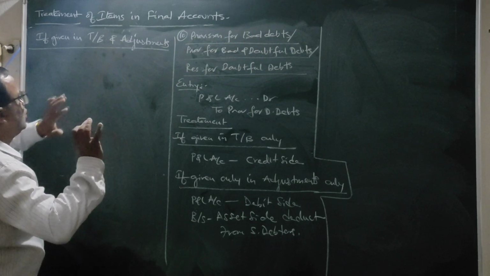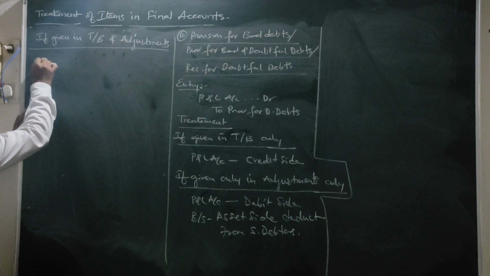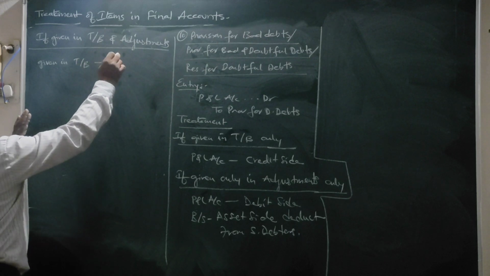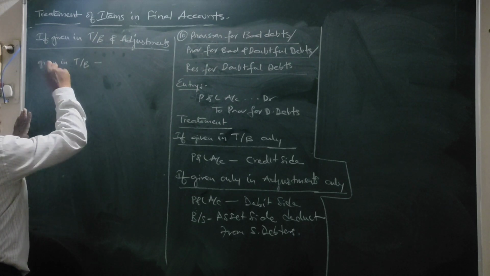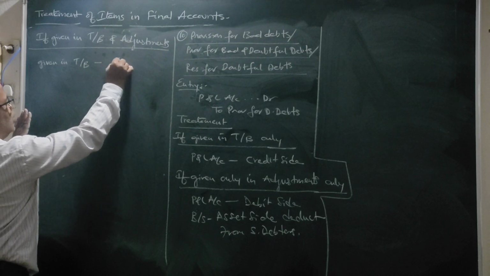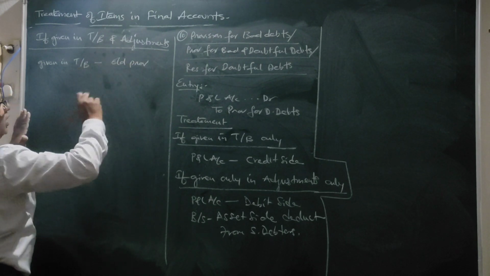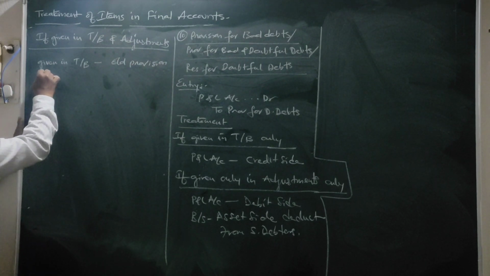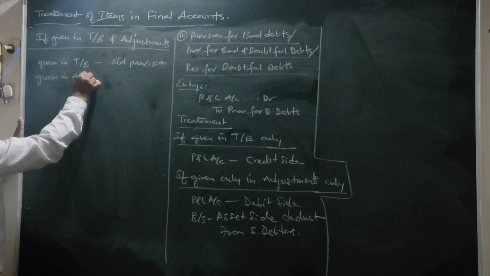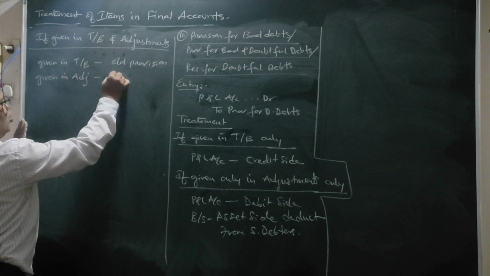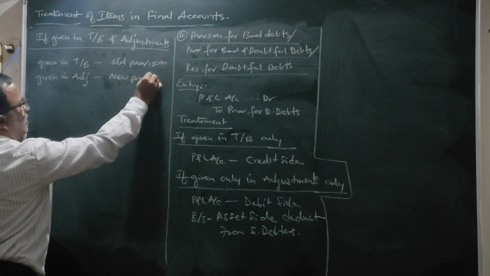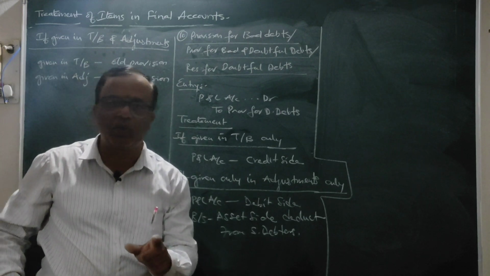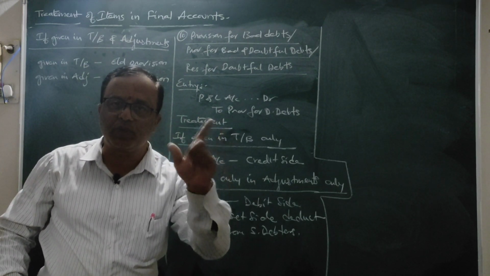At that time, you should think like this. Whatever provision for doubtful debts is given in the trial balance, you are going to assume it as the old provision, in other words, a provision created last year.